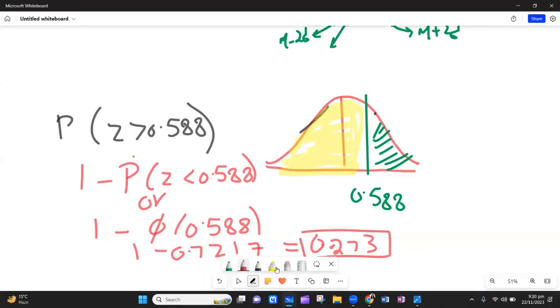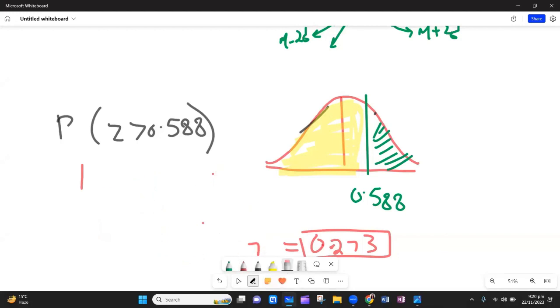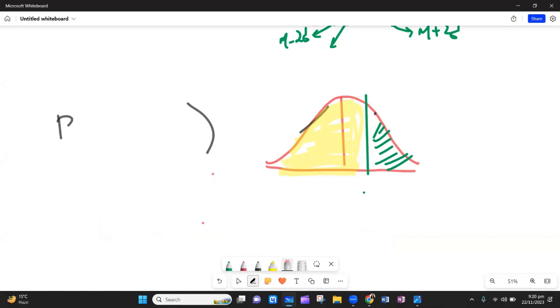Okay, next is probability z is greater than minus 2.468.